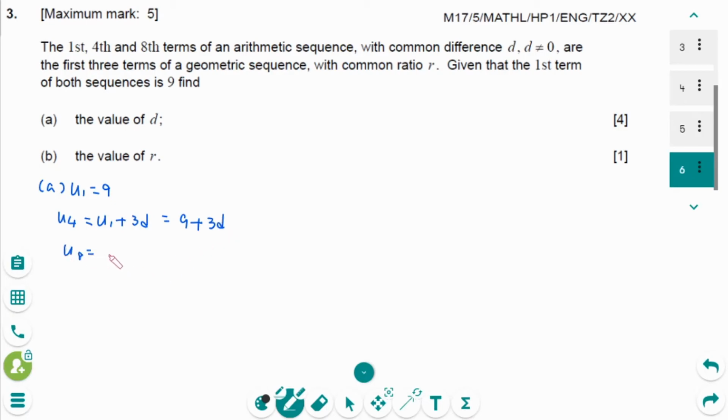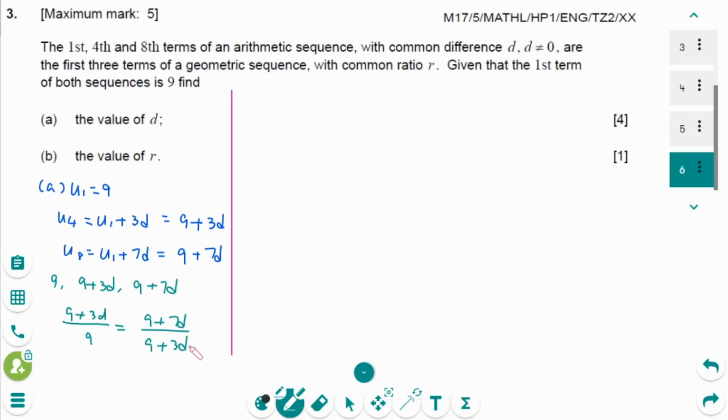And U8 equals U1 plus 7D equals 9 plus 7D. So 9, 9 plus 3D, and 9 plus 7D are the first three terms of the geometric sequence. So second term over first term equals third term over second term.